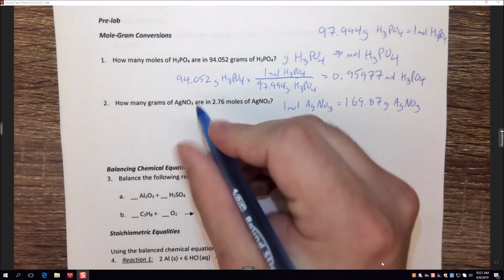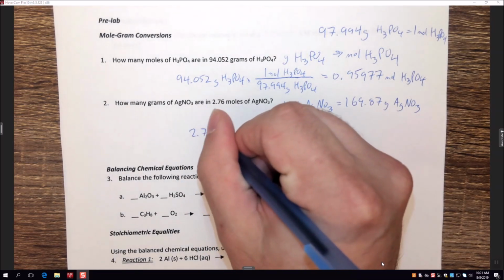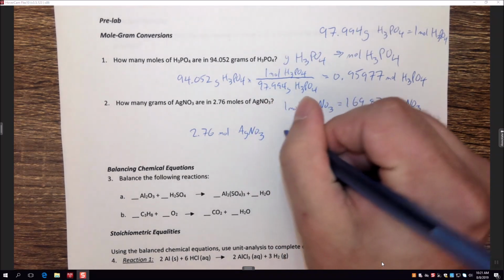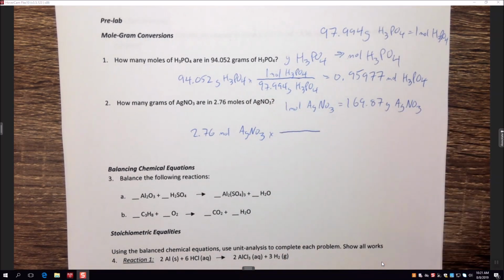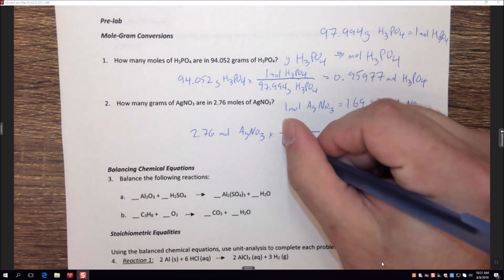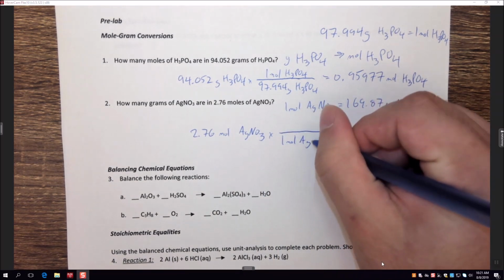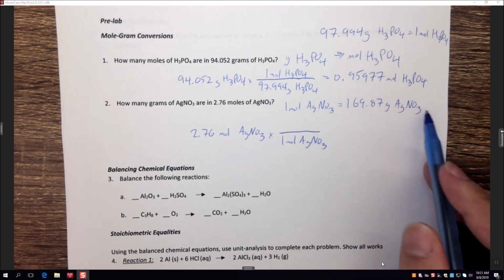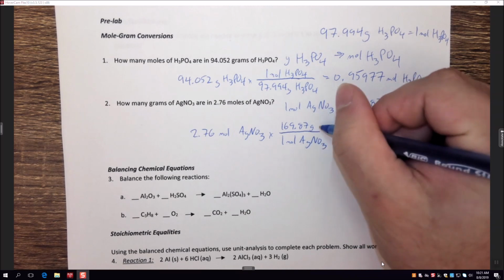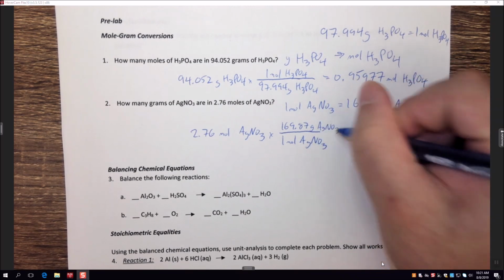So we start with our 2.76 moles of AgNO3. And we want to convert that to grams. So we want the moles to cancel out, so we're going to put the moles on the bottom. So we put 1 mole of AgNO3 on the bottom. And in the top, we put 169.87 grams of AgNO3.